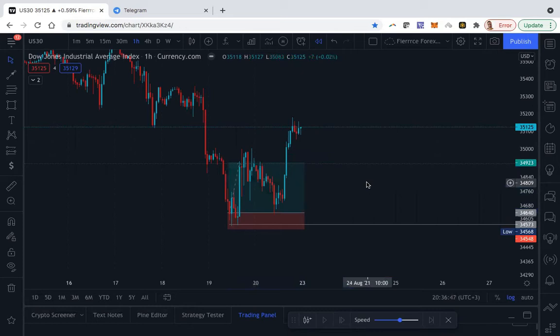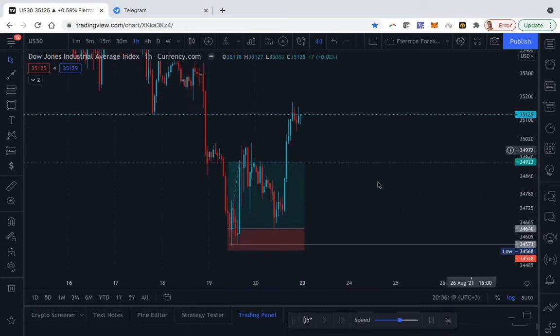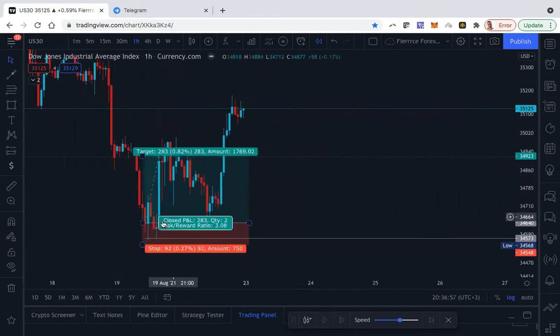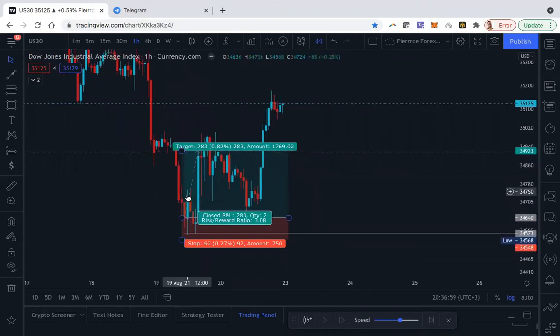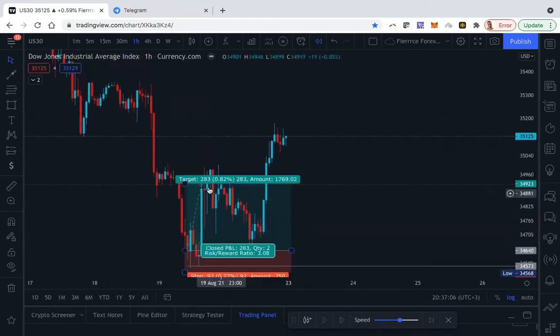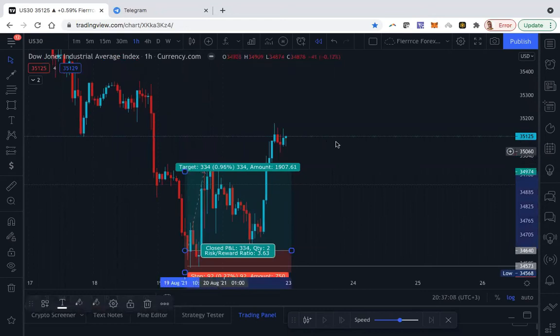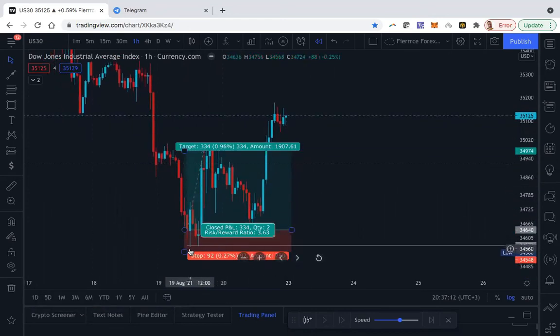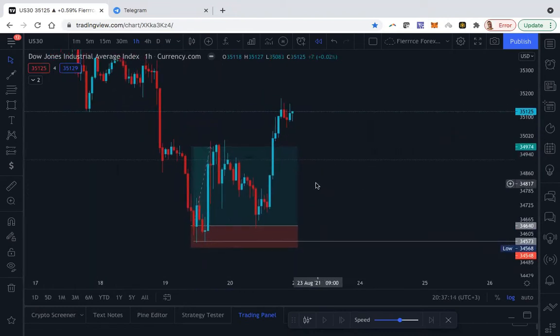So you can see what happened. This is 12, this is 11, this is 10. By the time you put in this trade, it had pushed down and then it went up and hit whichever targets up here. We were targeting 200 pips. So we didn't really have a drawdown on the trade.